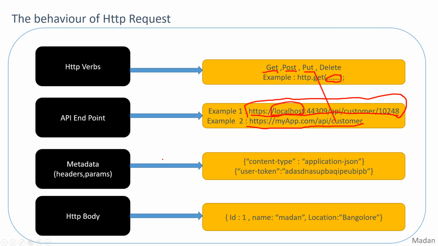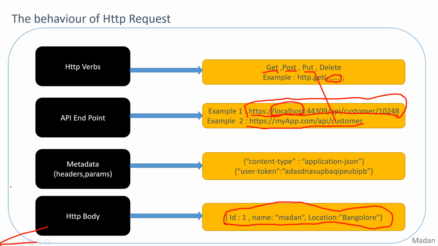And the HTTP body: whenever you are posting data, or whenever you are updating or deleting data, you need to pass the data in the body of the HTTP request.